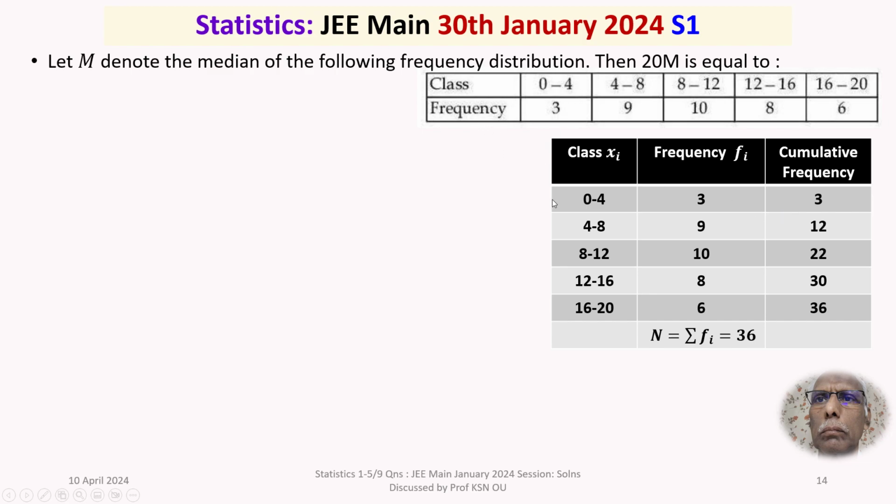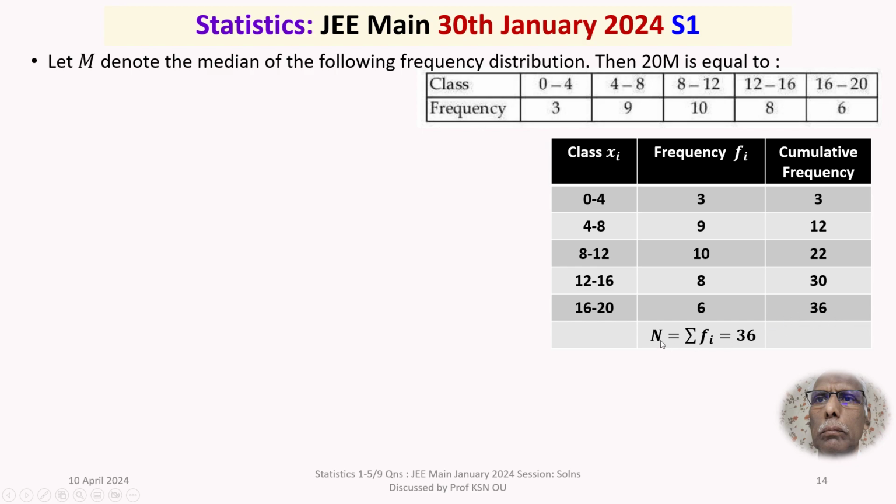Next, class is 4 to 8, frequency is 9, cumulative frequency is 9 plus 3, 12. Next is 8 to 12, frequency is 10, 10 plus 12 is 22. Like that, we have completed the table: 12 to 16, 16 to 20, and so on.